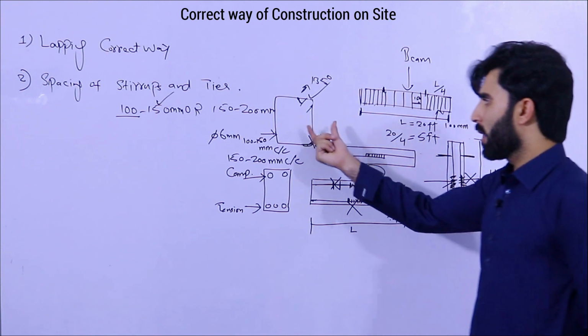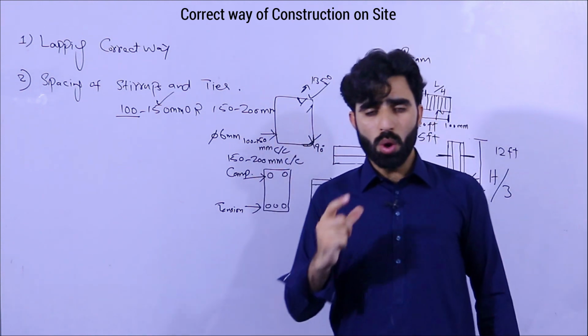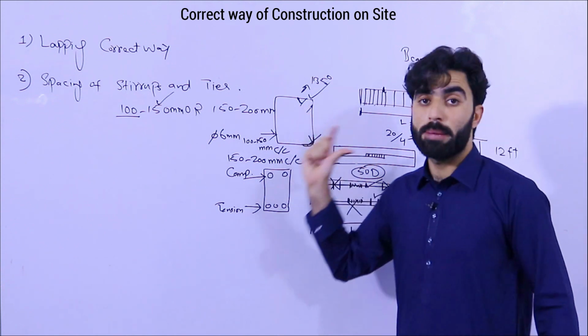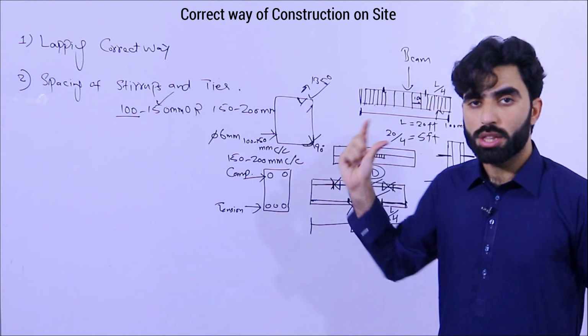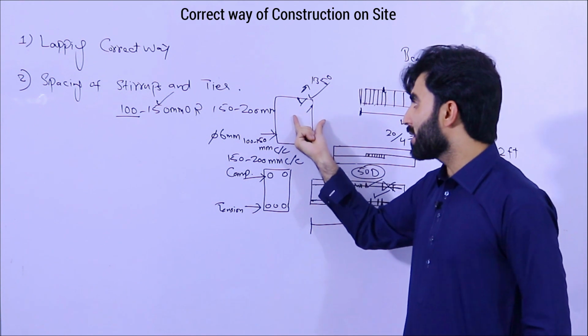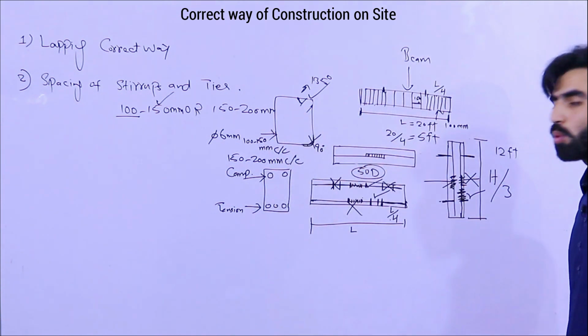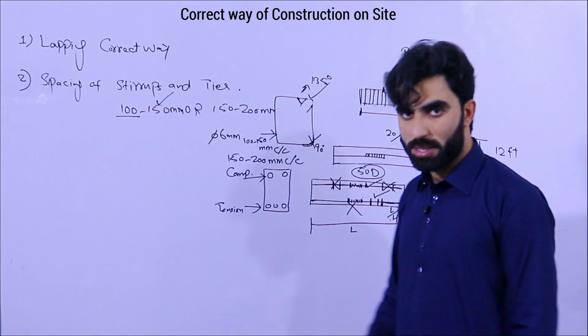Now one other thing, the hooks should also be provided alternately, okay, not in the same direction. This is very important. The one should be provided like this, the other should be the opposite of this one. Like this way you can place the stirrups.